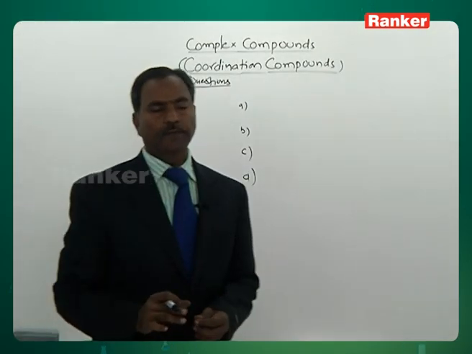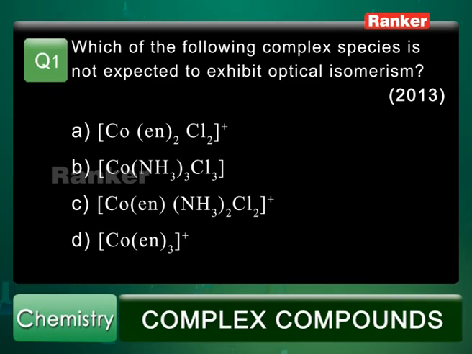A is given as dichlorobis(ethylenediamine) cobalt +1 complex, and B is triamine trichlorocobalt, and C is diamine dichloroethylenediamine cobalt +3, and D is tris(ethylenediamine) cobalt +3 ion.